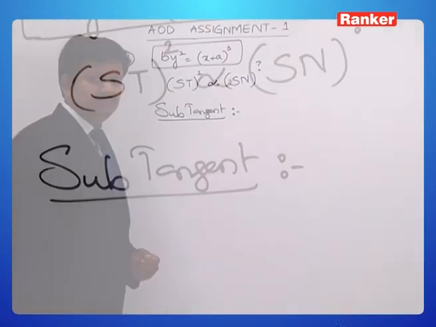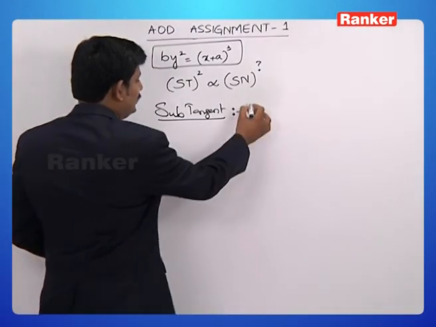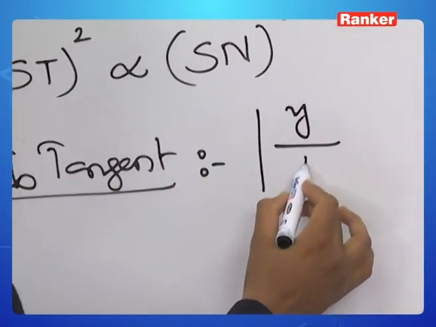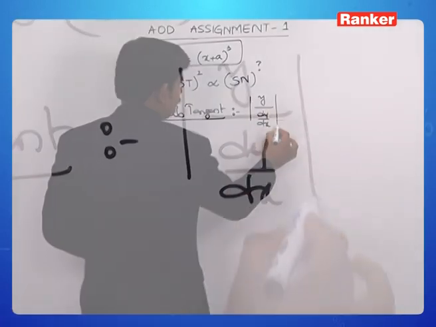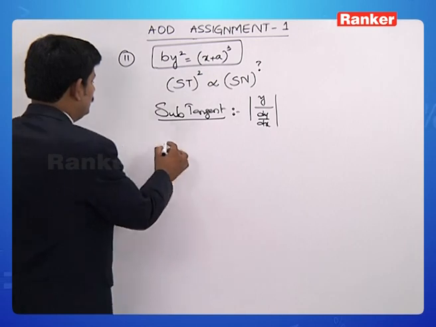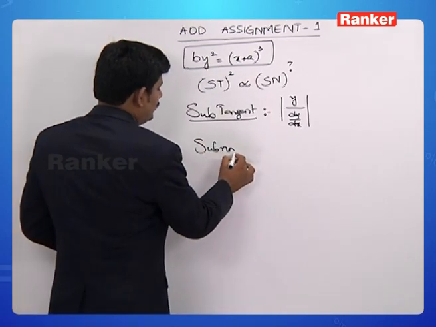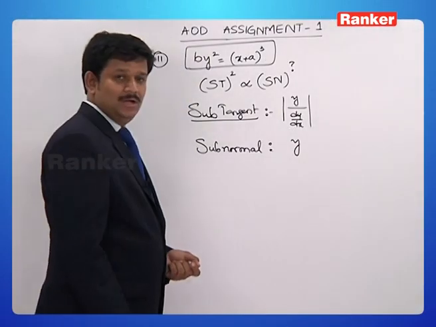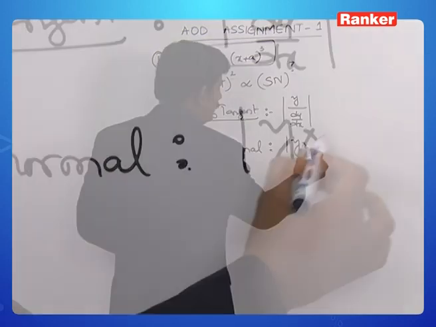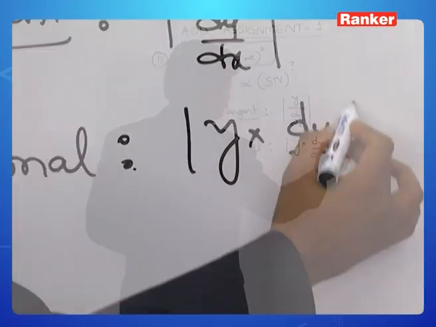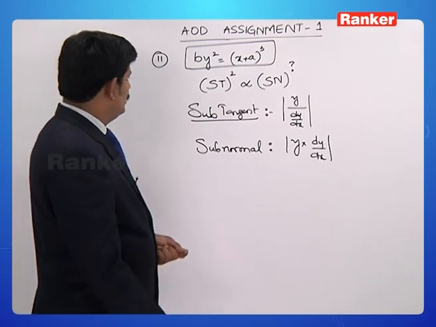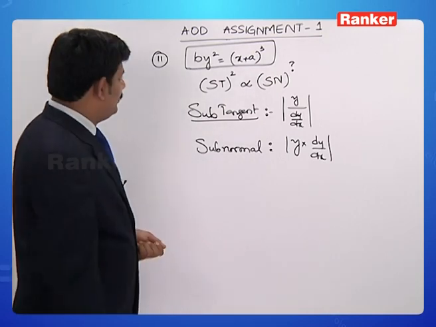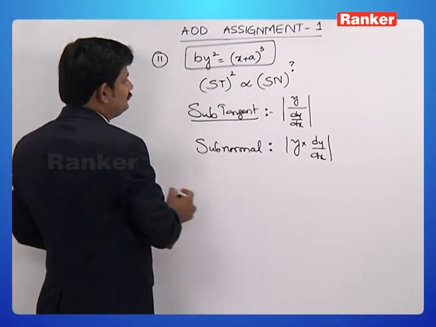We know the formula for subtangent and also for subnormal. The subtangent for any curve is given by the modulus of the y coordinate at the point, divided by dy by dx, and the subnormal is given by the y coordinate at the point into dy by dx. So let us find what y into dy by dx is and what y by dy by dx is for this curve.